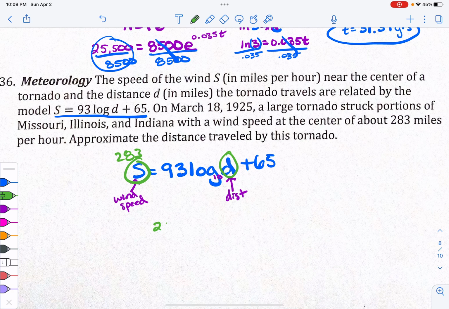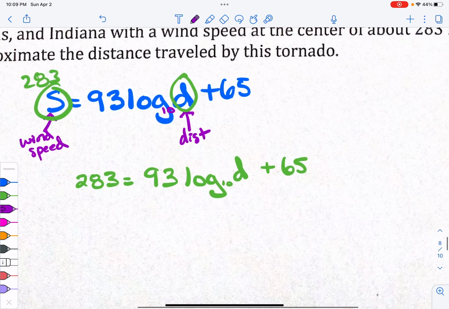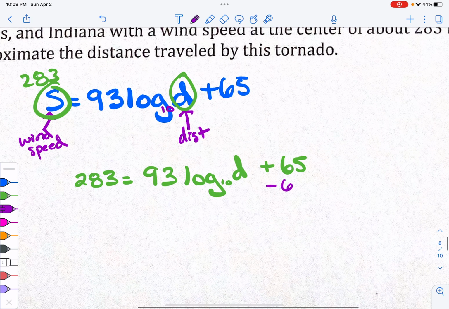I'm going to plug 283 in here, and approximate the distance traveled, okay? So I've got 283 equals 93 log with a base of 10, if you want to leave that in there. I'm going to unwind this to try to solve for it. The first thing I'm going to do is subtract the 65. So 283 minus 65.